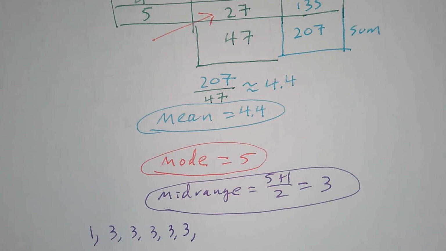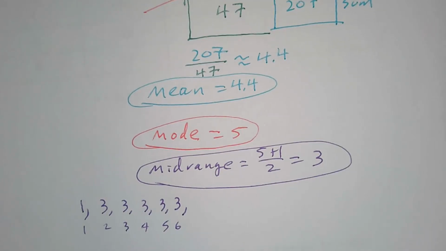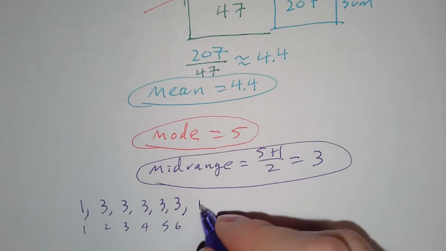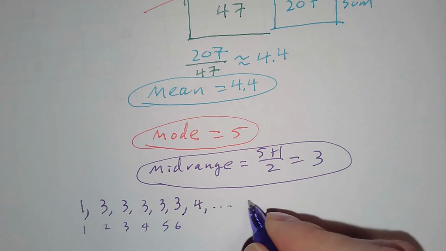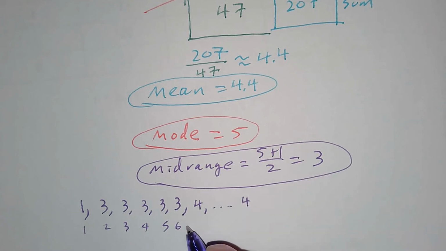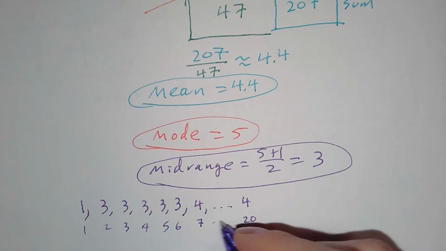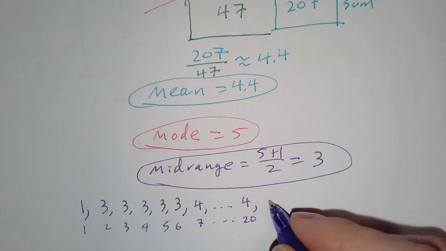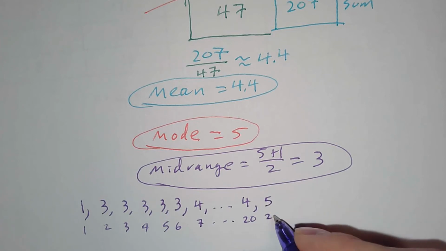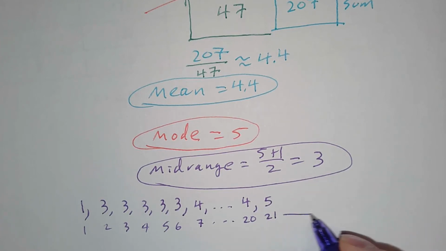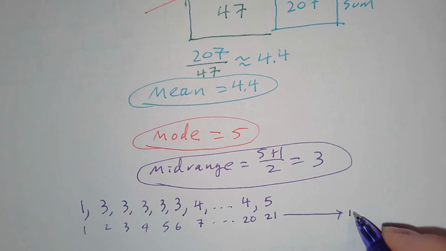So this is my first number, second number, third number, fourth number, fifth number, sixth number. And then I'm going to have a bunch of 4's. I have 14 of them, so this is going to go from 7 to 20. After that, my 5's start. So my 21st number is a 5, and that's going to go down to my 47th number.